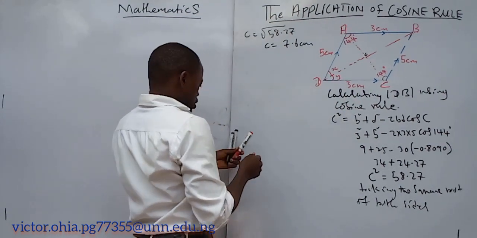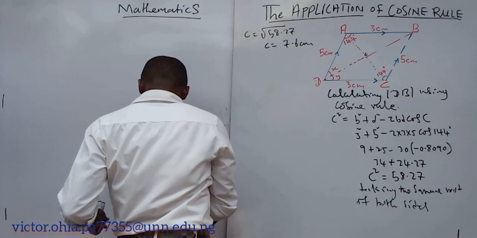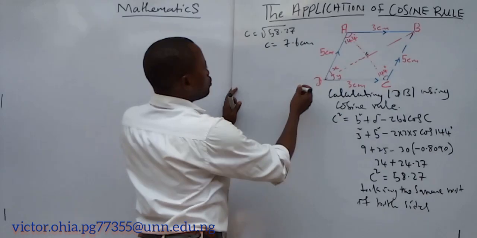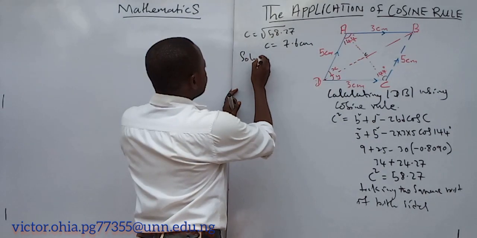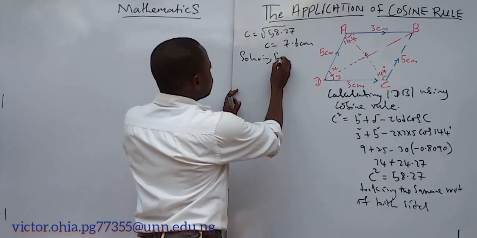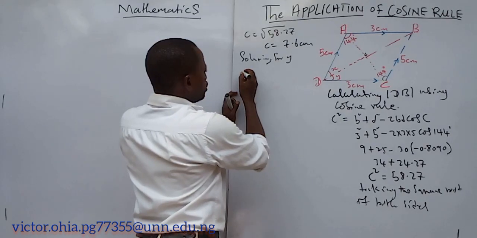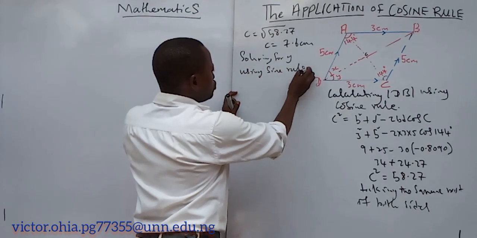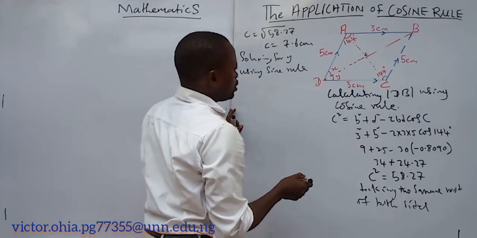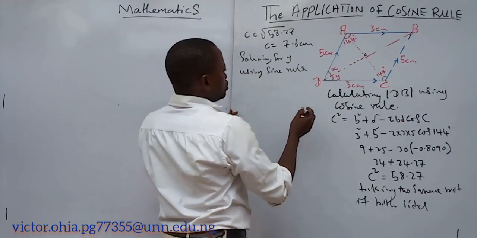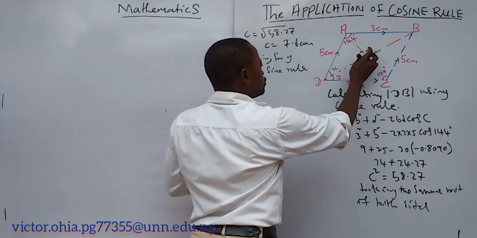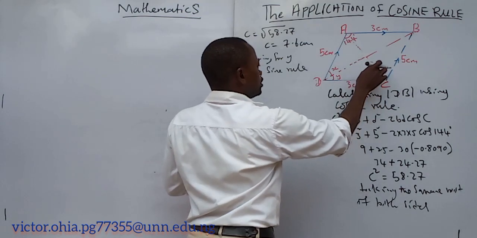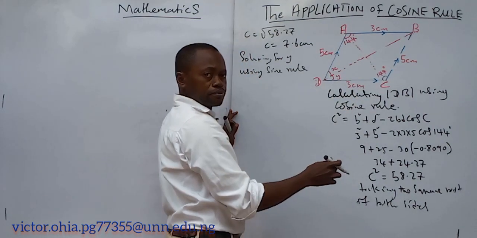So quickly, I will say, solving for y, this time around using the sine rule. You will ask me how or why. Because you now have a triangle that has three sides and the angle opposite to one of them.